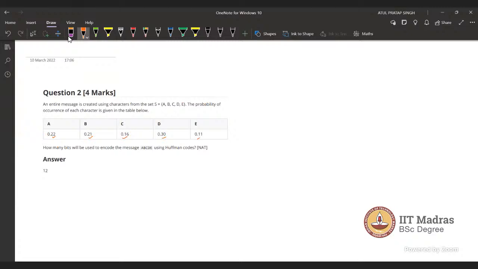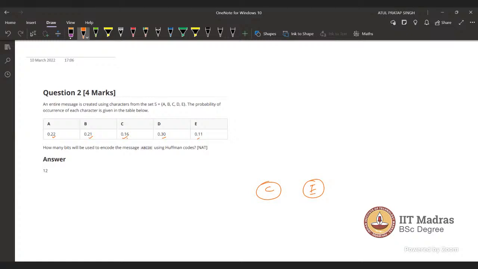Which are the smallest two weights for the Huffman tree? C and E, so this 16 and this 11. We will create the node, with C and E. We can put them in any order, left or right.